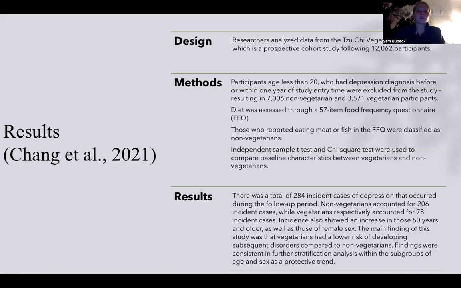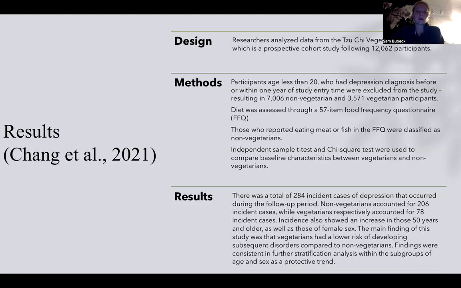Within their methodology, participants aged less than 20 who had a depressive diagnosis before or within 1 year of the study were excluded completely. So they could not be less than 20, and could not have had a depression diagnosis within 1 year of the study. This resulted in 7,006 non-vegetarian and 3,571 vegetarian participants.